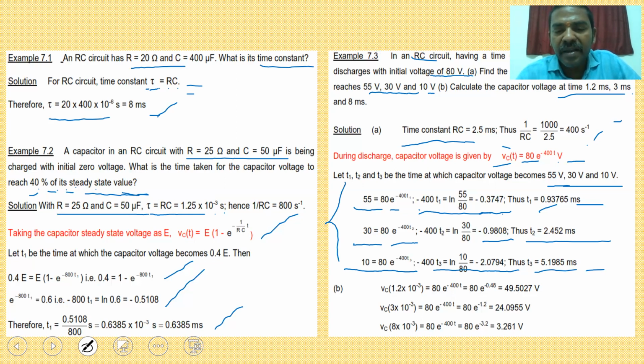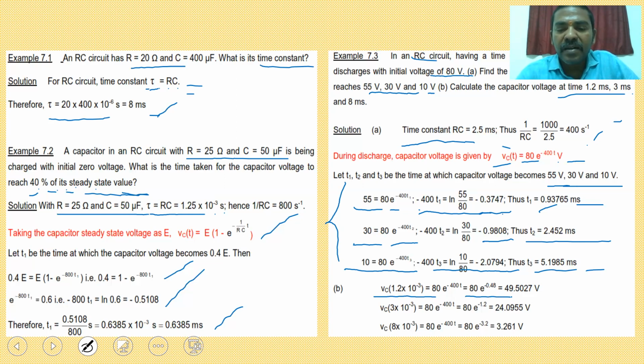When the time is 1.2 millisecond, it is 80 e power minus 400 into T. So T is substituted as 1.2 into 10 power minus 3. So finally you get 80 into e power minus 0.48, which is equal to 49.5027 volts.